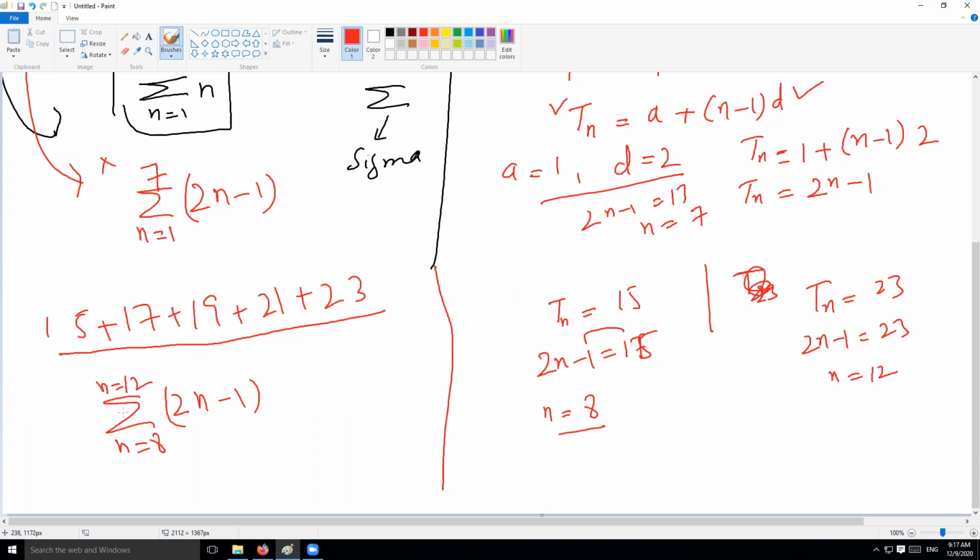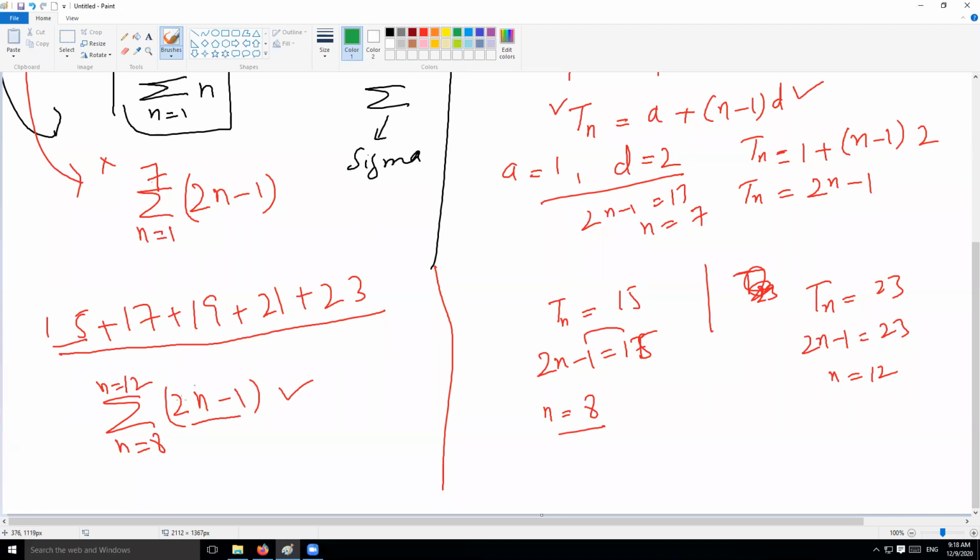So that's how you have to carefully see it, and you can see that all the terms can be recovered from this expression. For example, if you substitute 8 into this expression, you're going to get 15.